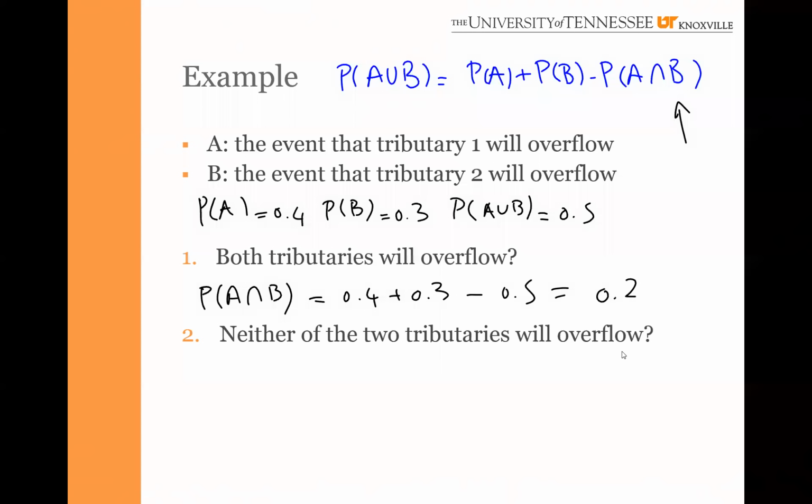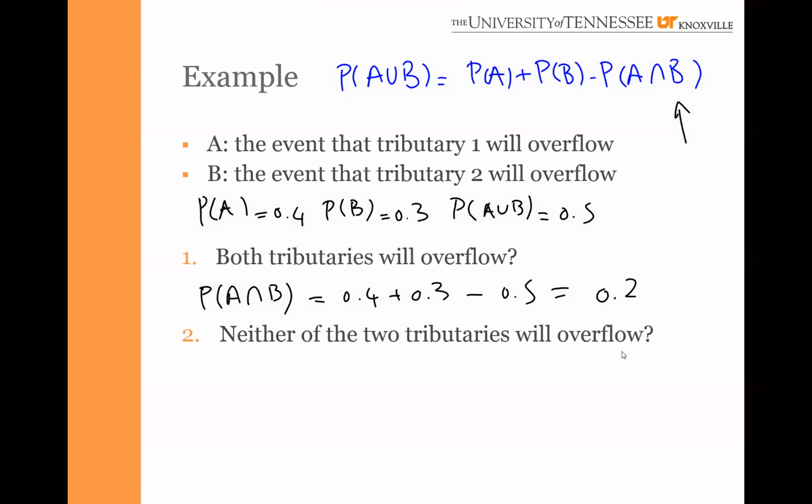So neither of the two will overflow. Think of it in terms of the notation first. What does it want? If it says neither, it's the complement of something. Okay, complement of what? Complement of at least one will overflow. Do you agree that neither means not this nor that?